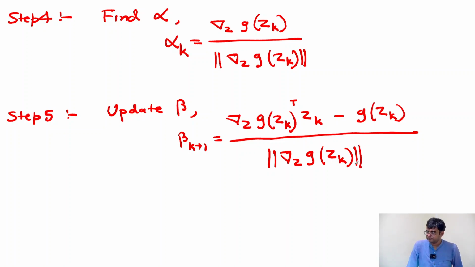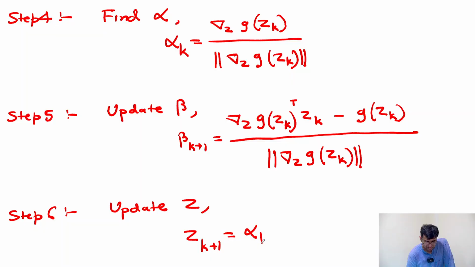Next step, I will update my z. Step 6, update z. So z k plus 1 is equal to alpha k beta k plus 1, right?